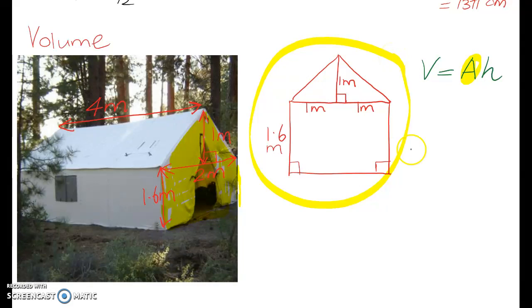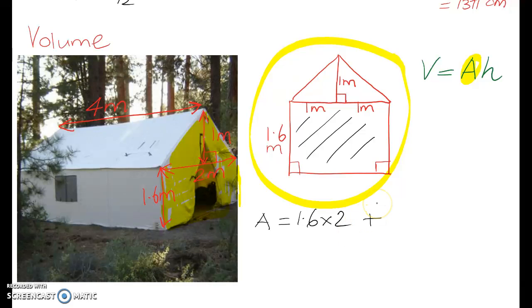So that area is made up of this rectangle here. See this rectangle here? And let's write this down. That is a 1.6 by 2 meter rectangle. All right? But then I have to add the triangle on the top. So see this triangle on the top there? That's a base of 2 times a height of 1 over 2.